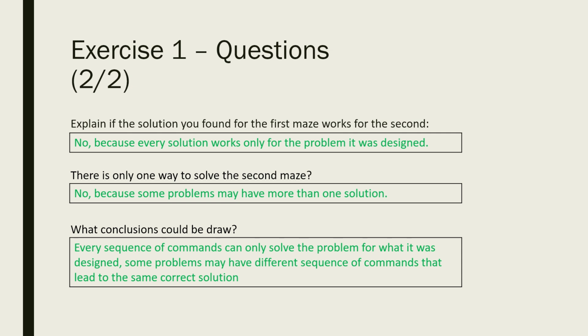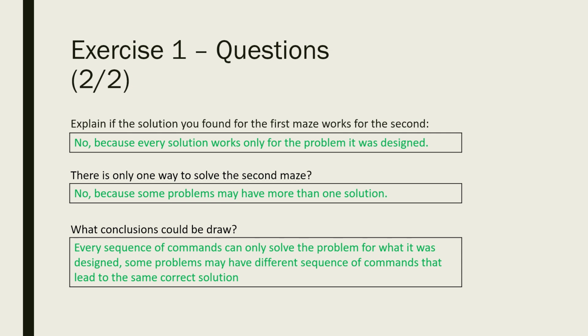And this is a very important concept, because when you solve a problem, you can be sure that the solution will not work anywhere else except that problem. Sometimes you will find a general solution to some kind of problem, but it will be quite difficult.